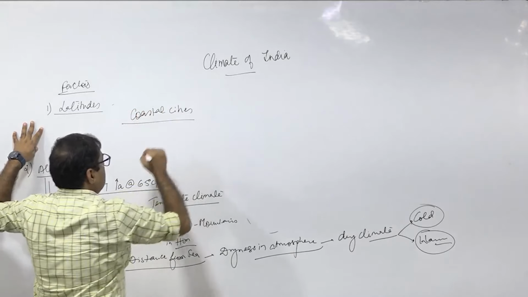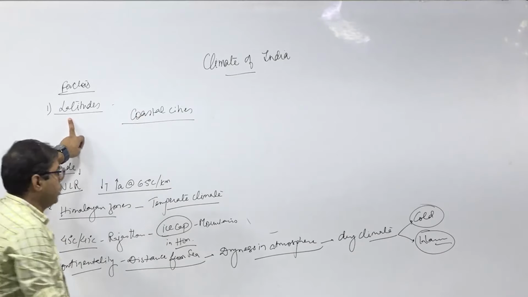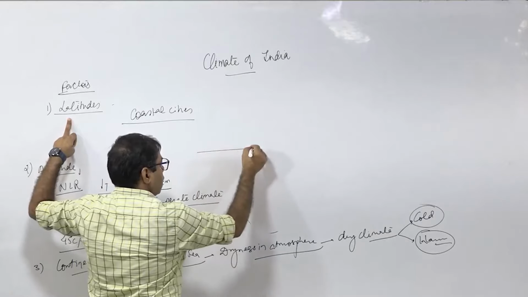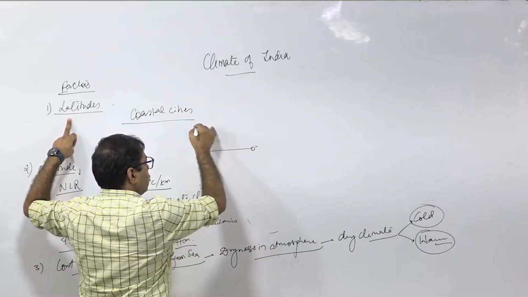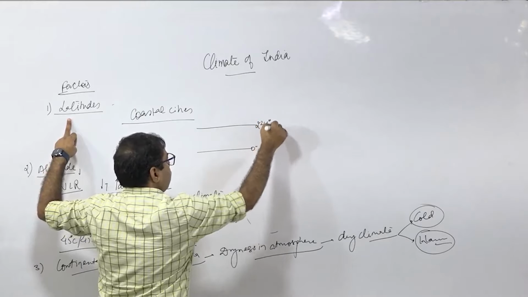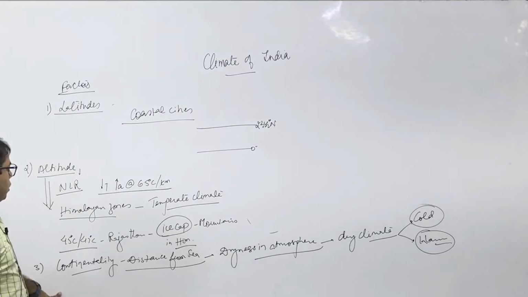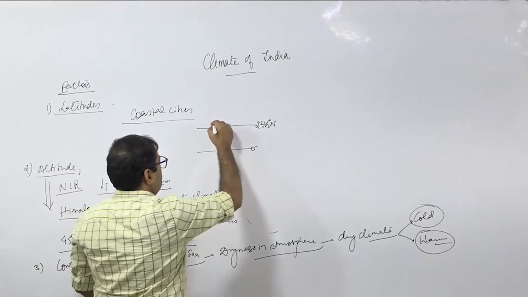Coastal cities, there are two effects. One, latitudinal location, it is close to the equator or close to the lower latitude, south of Tropic of Cancer, right, and also near the coast.